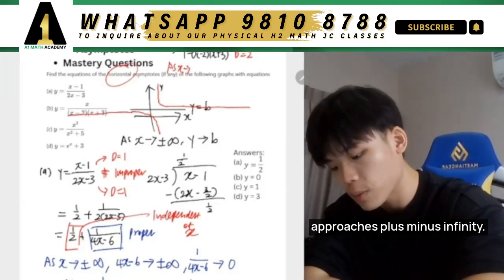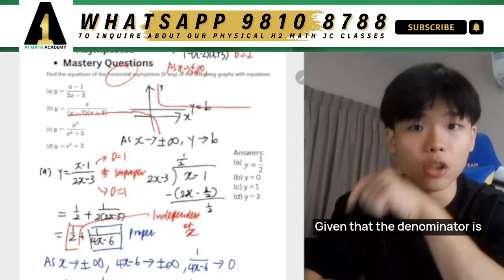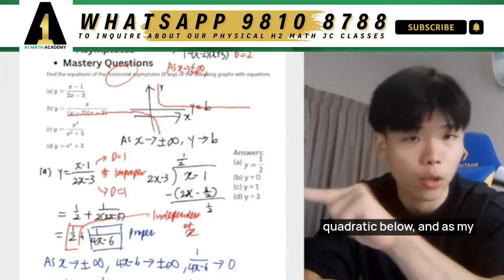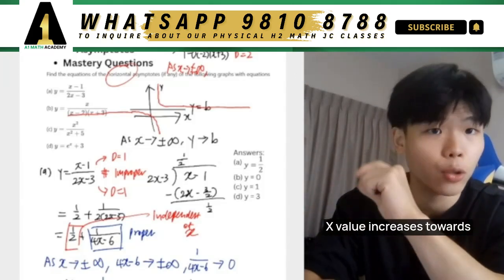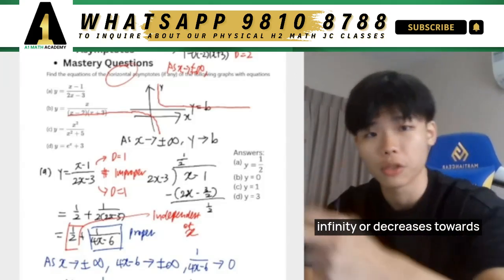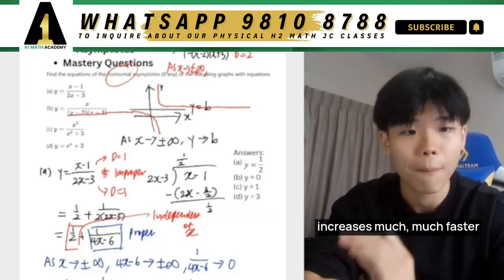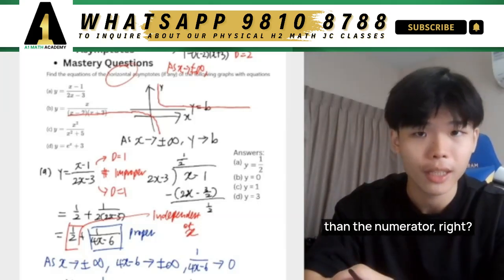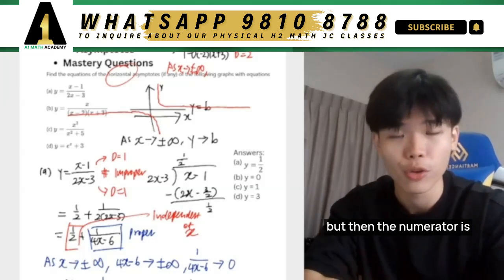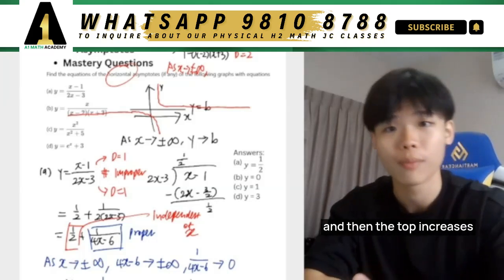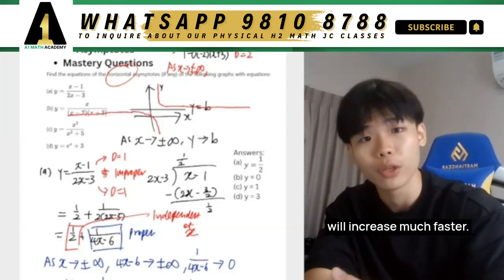As x approaches plus minus infinity, given that the denominator is larger than the numerator, with a linear on top and a quadratic below, as my x value increases towards infinity or decreases towards negative infinity, the denominator increases much, much faster than the numerator. Below is quadratic, but the numerator is just x. So since the bottom increases at a quadratic rate and the top at a linear rate, the bottom will increase much faster.